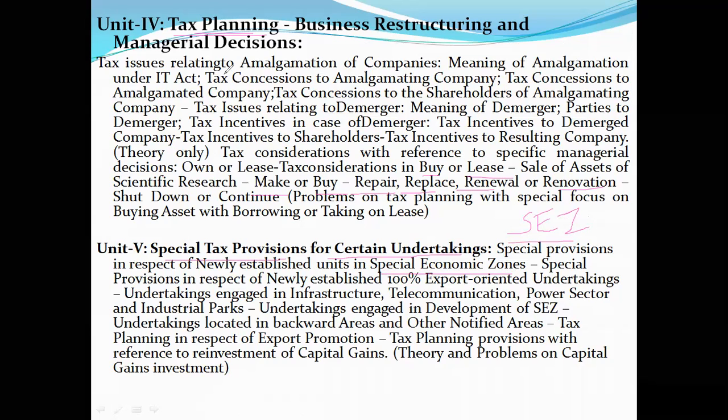So what are the various tax provisions for them? 100% export oriented units are there, and certain undertakings are engaged in infrastructure facilities, telecommunication, power sector, industrial parks. So all these things we will learn in the 5th unit.